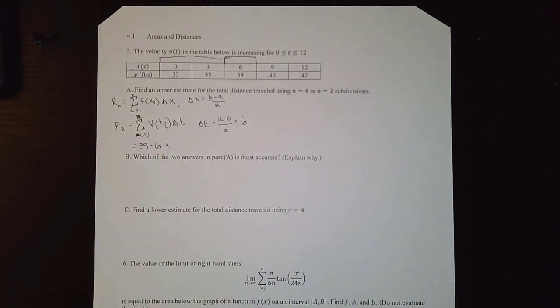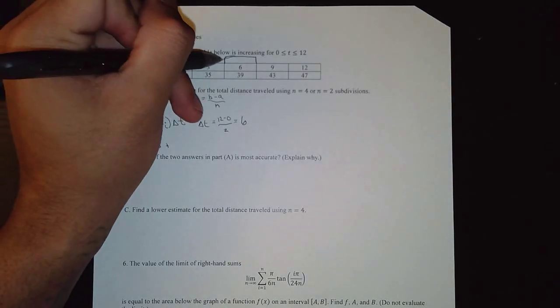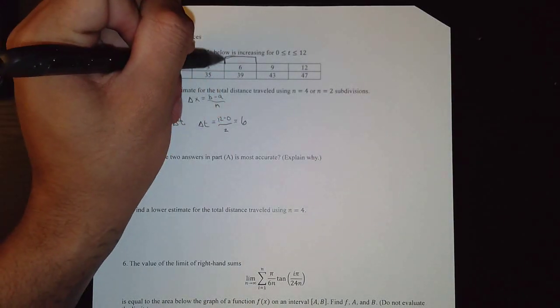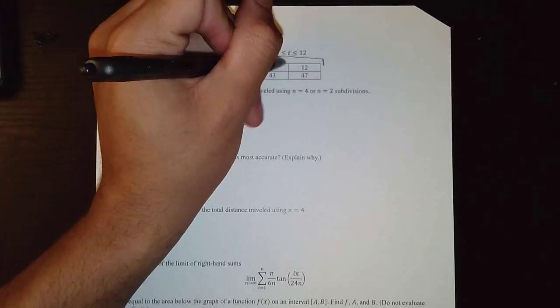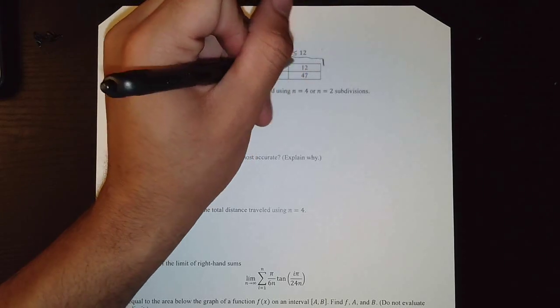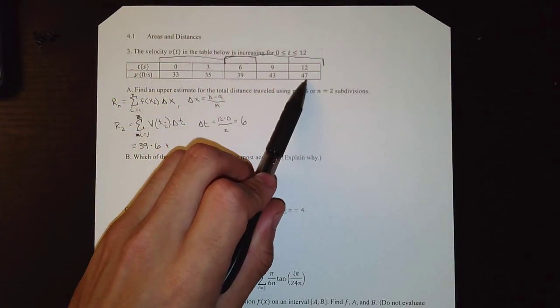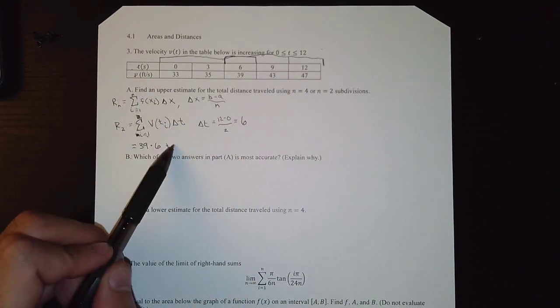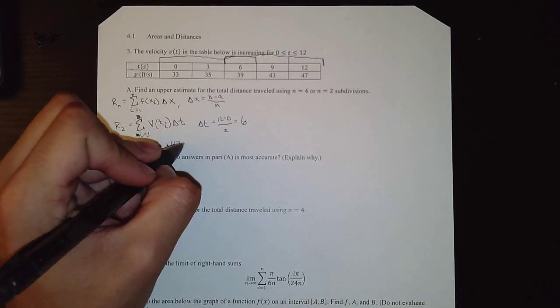And then I would add that to the second interval set. So we went from 0 to 6. Now we're going from 6 to 12. And now I'm going to take the upper estimate, which is this 12, whose output is 47. So my v of t sub 2 is 47, and my delta t is still 6.